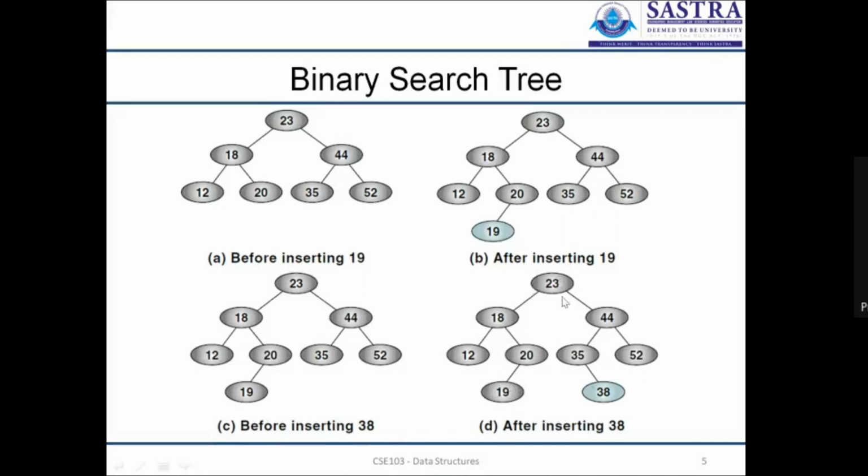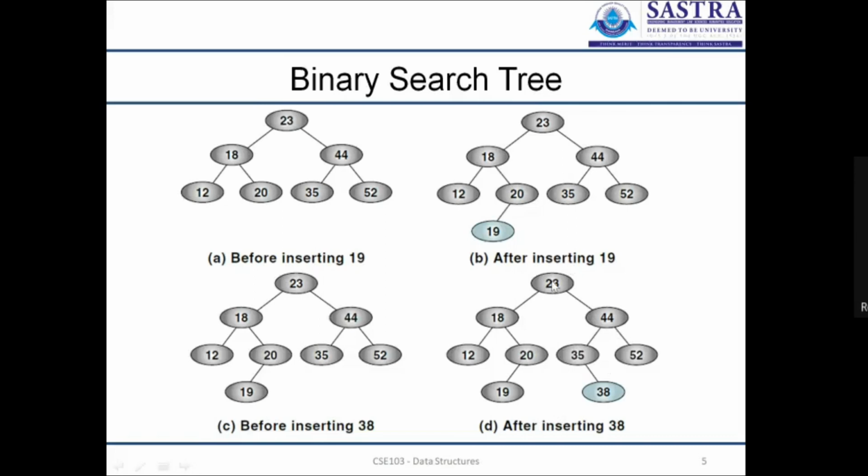Suppose you are going to delete 23, then what will be the result of this binary search tree? What are the two values we can move to this 23? 38. Yes, 38 is one answer. Find the small, not 38. Class, listen here carefully.